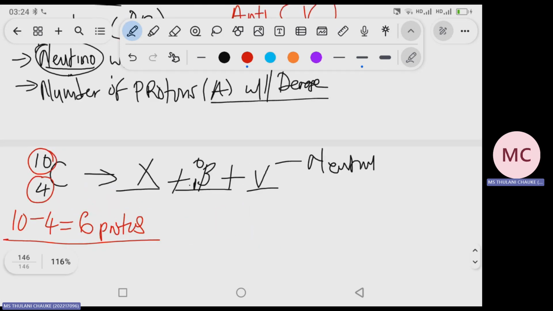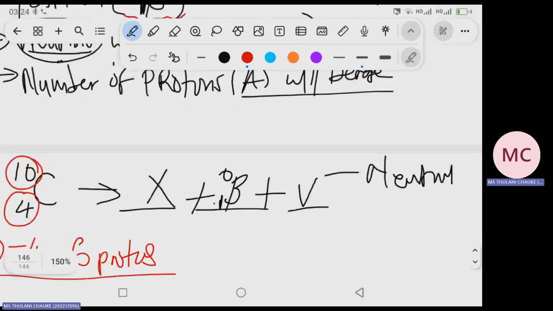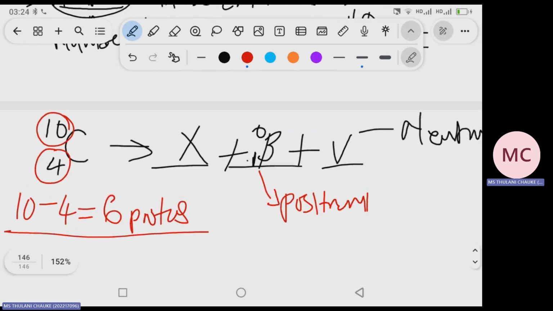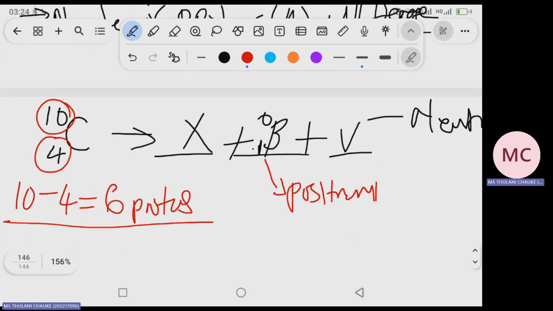Under beta plus, because we have this positron being emitted, it means one proton was lost. So therefore we're going to have 5 protons on this element. And the mass number will remain the same, obviously.